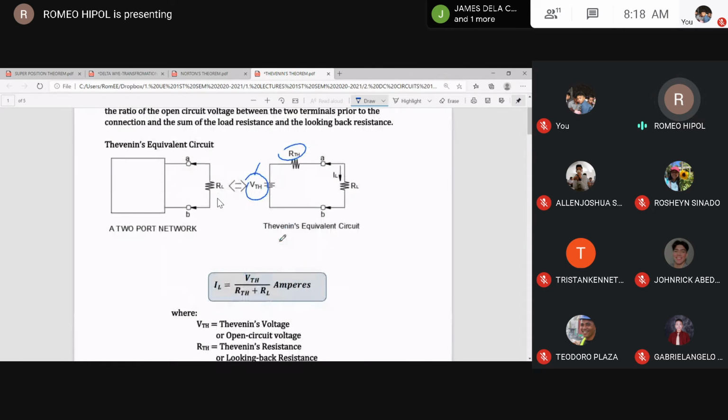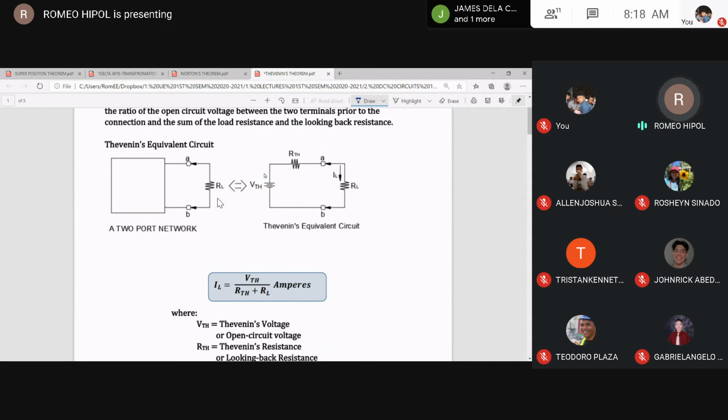And then you have to consider this Thevenin's equivalent circuit, di ba? Actually, in Thevenin's equivalent circuit, we have a series circuit wherein the supply is the Thevenin's voltage and the resistances which are connected in series are the Thevenin's resistance and the load resistance.